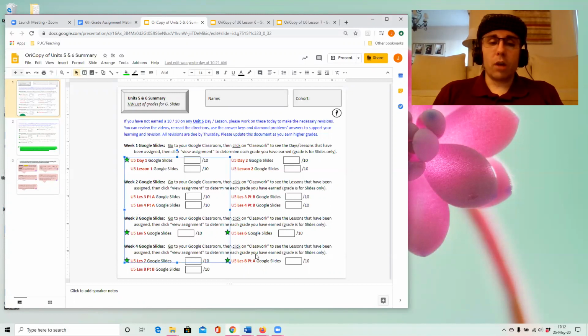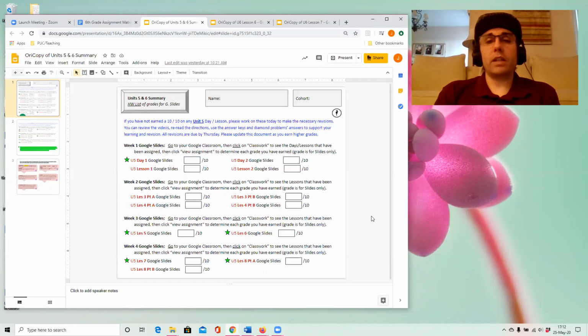Anything with a star is of the highest importance to prepare you for your COL, so focus your attention on those and then come back to fill in the rest once you are able to. Those stars will help you the most in being able to show your best thinking and learning. All right, so that's the summary.